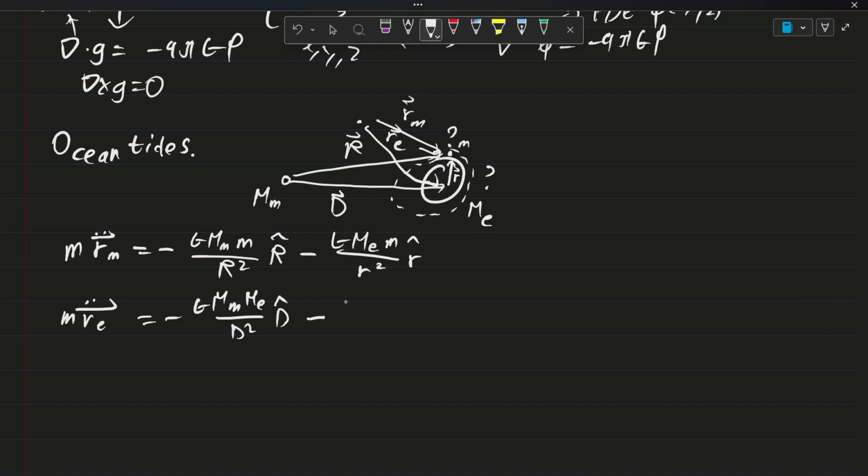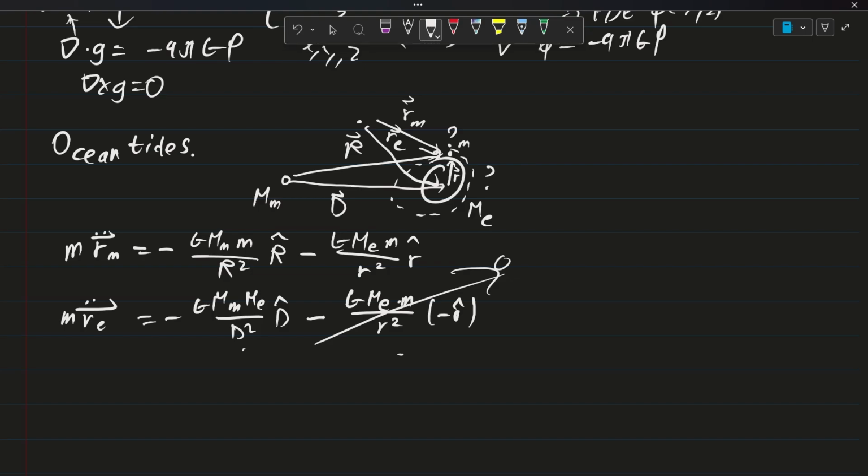Subtract from this G times the mass of the Earth times the mass of the small object divided by r squared in the negative r hat direction. Something I want to note here: you could compare these two values. The mass of our object is very small compared to the mass of the moon, so we could just ignore this. And thus, we have these two different equations.